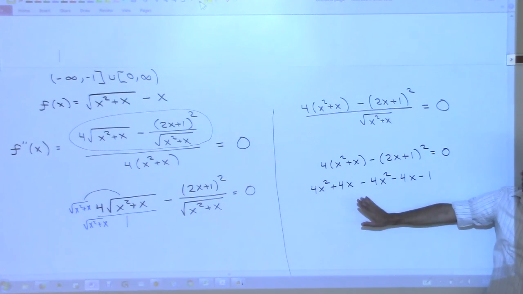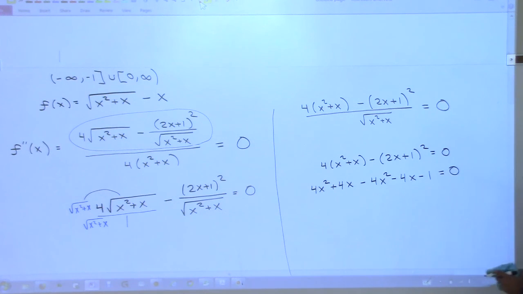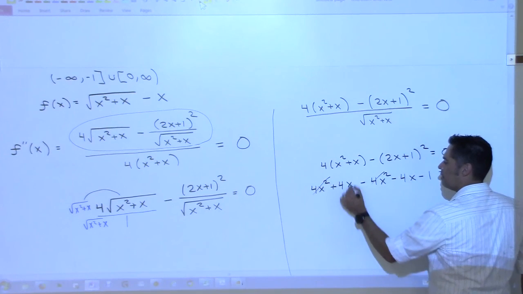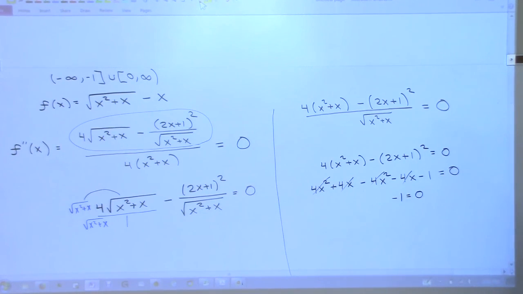That must equal 0. And this time, we get the same thing, don't we? We get negative 1 equals 0, which means that the second derivative is never 0.